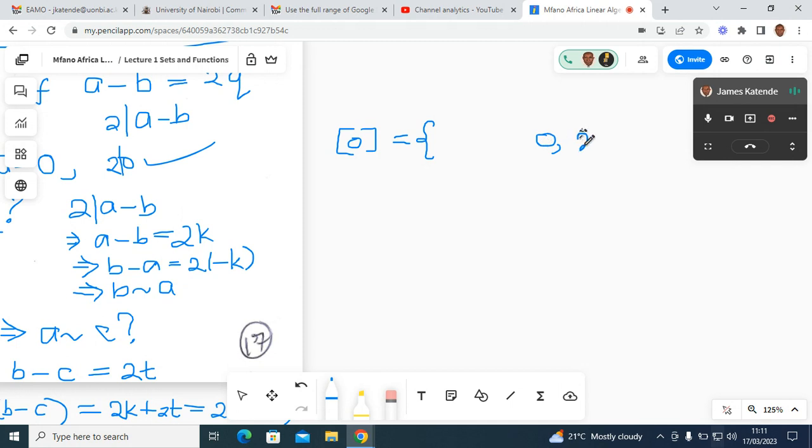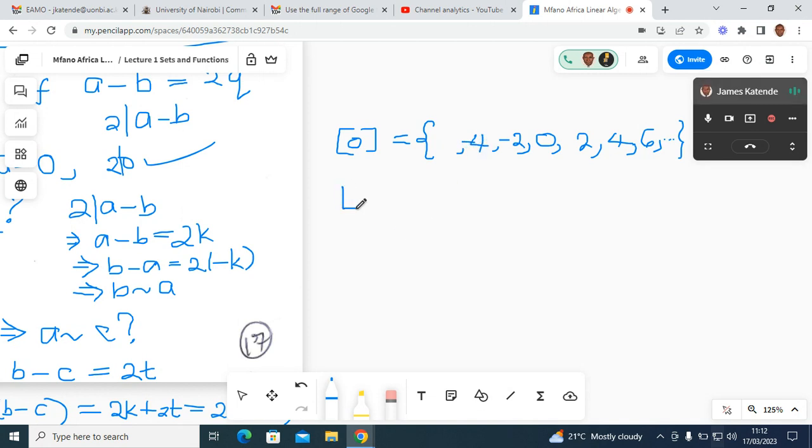So this means the numbers that you will pick are 0, 2, 4, 6, and so on. This goes on. On the other end, you have -2, -4, and so on. So it keeps going like that.